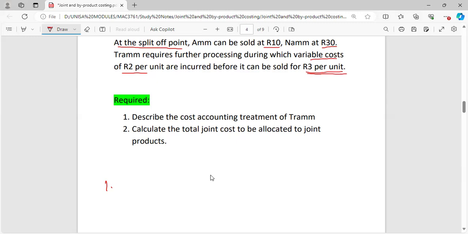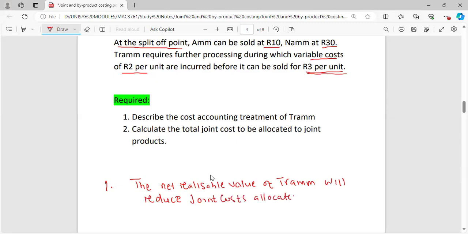So what we can say is that the net realizable value of tram will reduce the joint cost allocated to joint products.